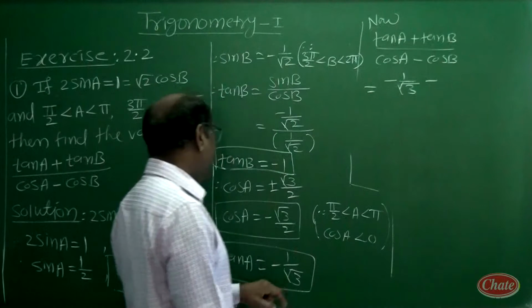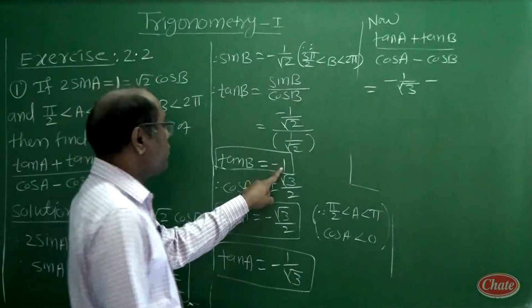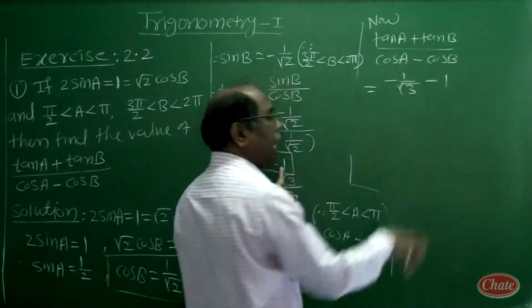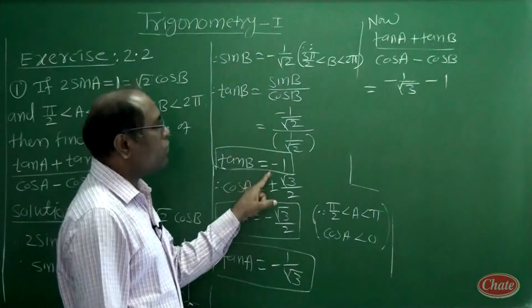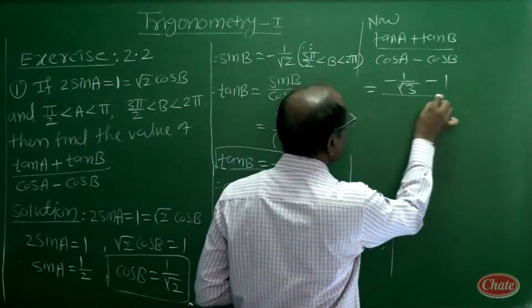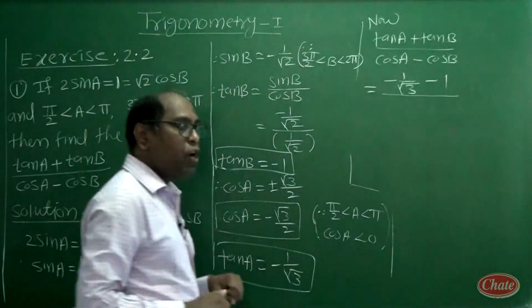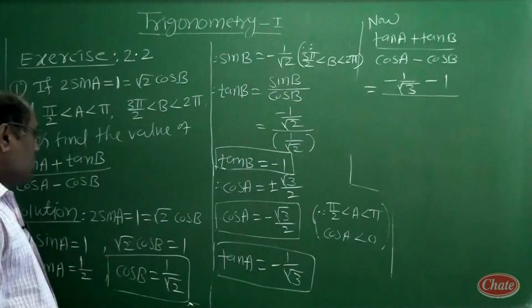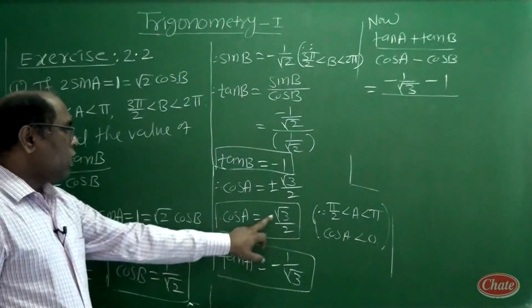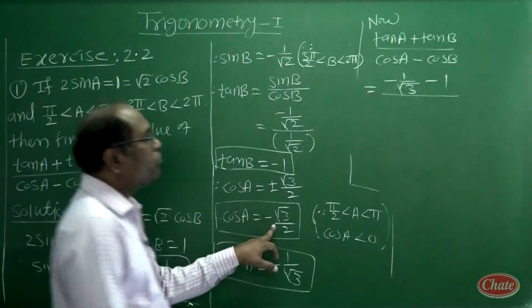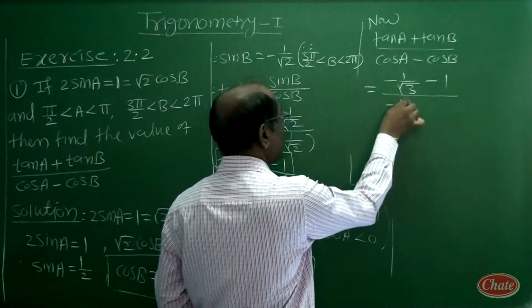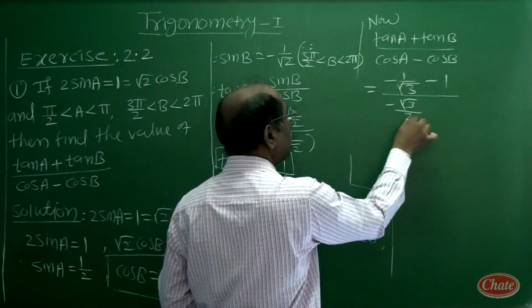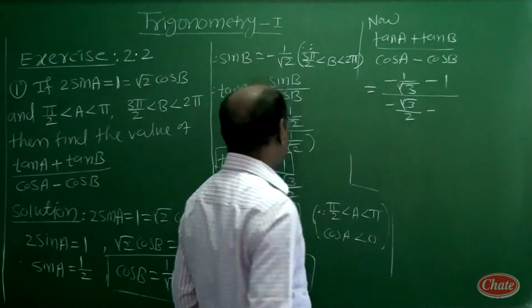The value of tan B is minus 1, divided by the value of cos A. So what is the value of cos A? Cos A is equal to minus root 3 upon 2. What is the value of cos B?